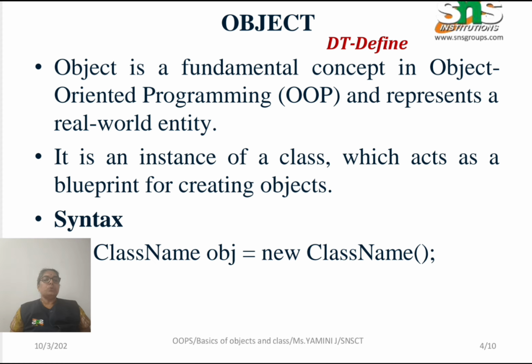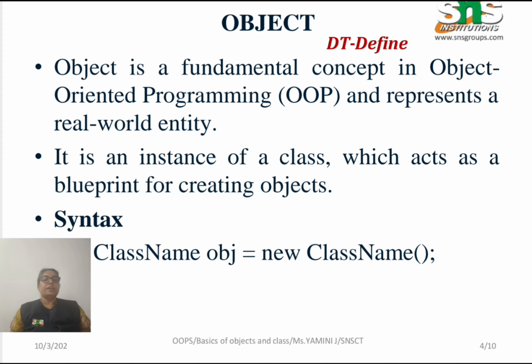One student may have ID 101 and name Alice, while another student may have ID 102 and name John. In Java, objects are created using the new keyword, which allocates memory for the object and initializes it. An object allows us to interact with the data and behavior defined in a class.